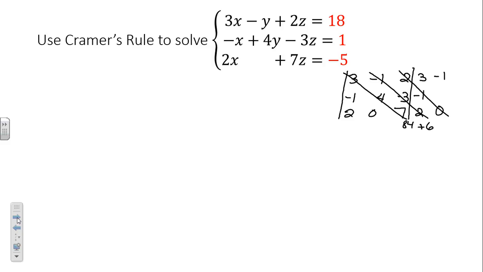So 2 times 4 is 8, times 2 is 16, change the sign. 0 times 3 times negative 3. And then 7 times negative 1 times negative 1 is going to be a positive 7, so change the sign, negative 7. So 90 minus 23 is 67.